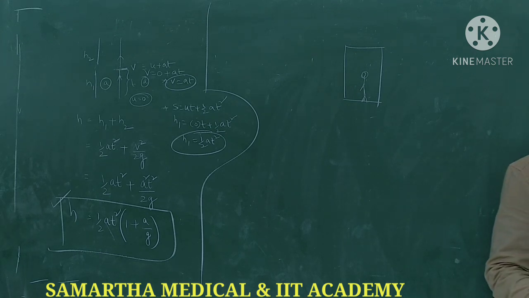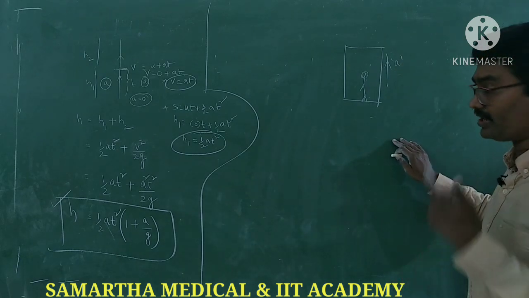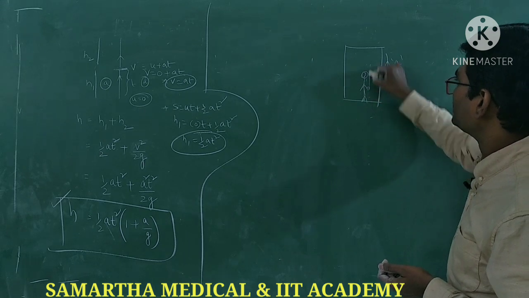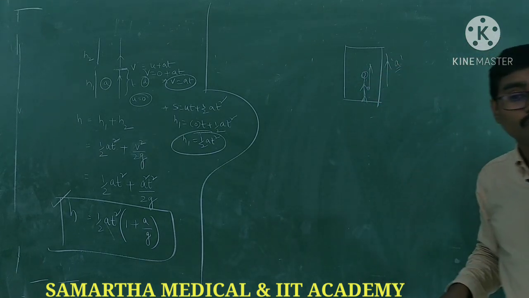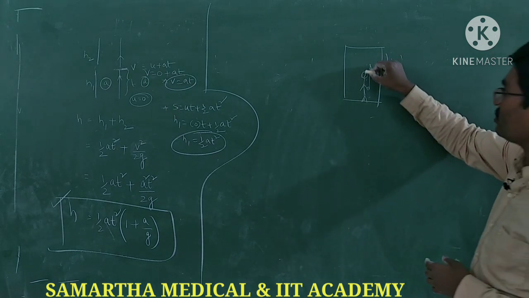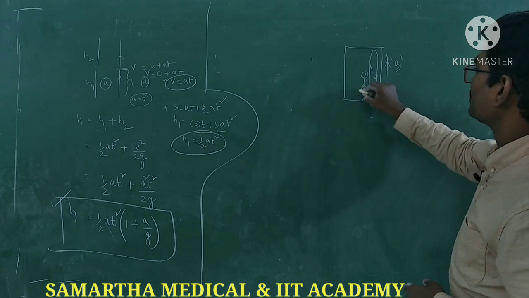While it is coming down, g minus a. If the lift is going upward with an acceleration a and the body is thrown upward inside the moving lift with an initial velocity u, then what is the time of flight to reach the ground?